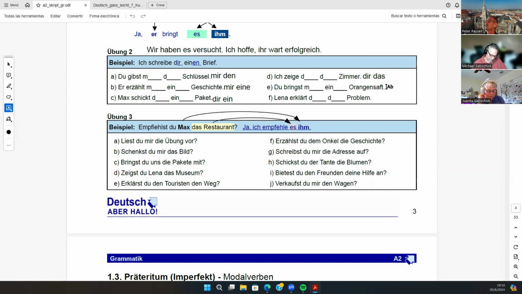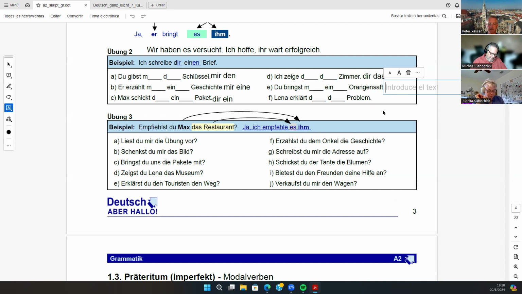Yep, that's okay. Both are correct. So when you come to Tante Erika, she will probably tell you, ich zeige euch euer Zimmer, which means that is your room. Aber hier in diesem Fall das Zimmer.